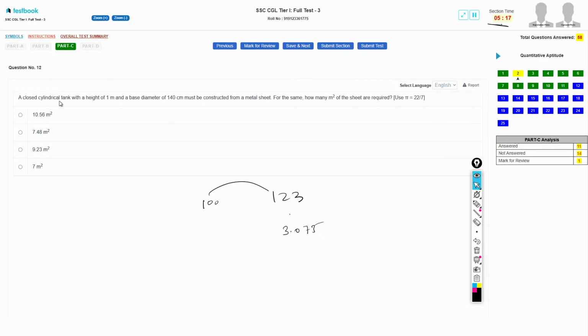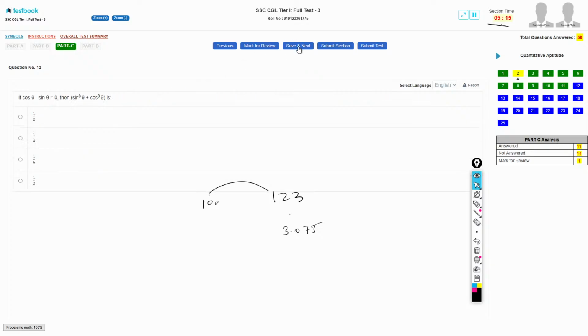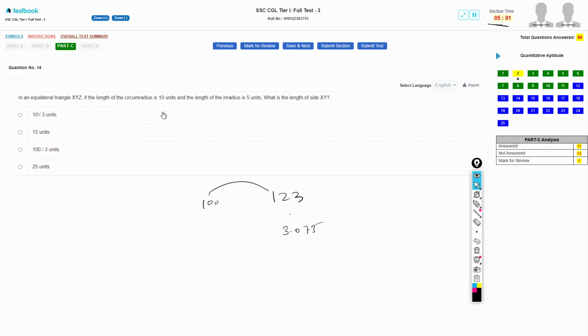A closed cylindrical tank. Skip it. Okay, skip again. Angle. The length of the circumradius is 10. The length of the inradius.